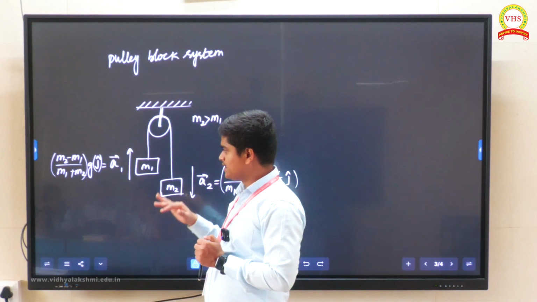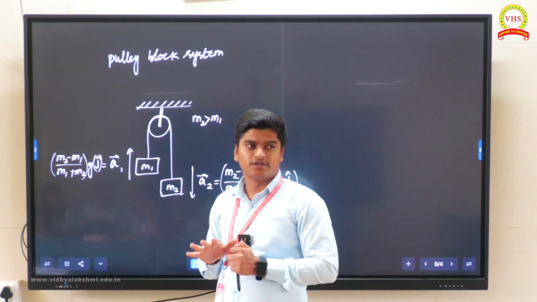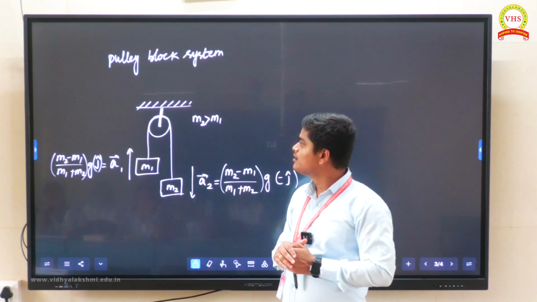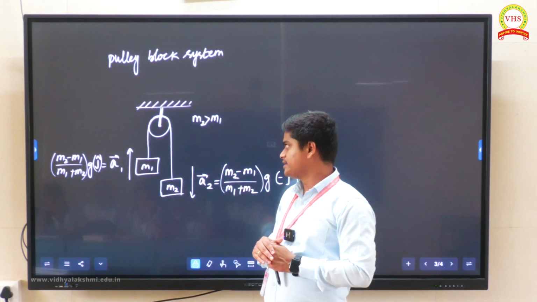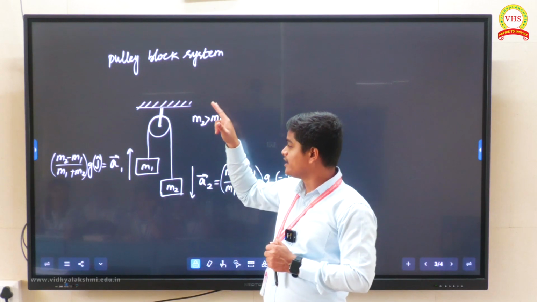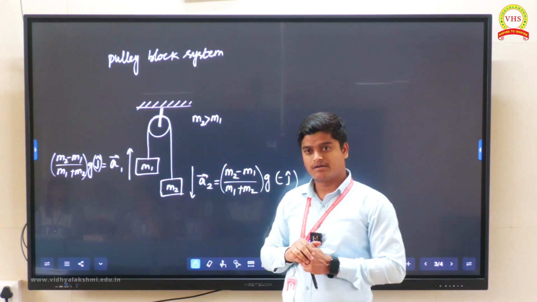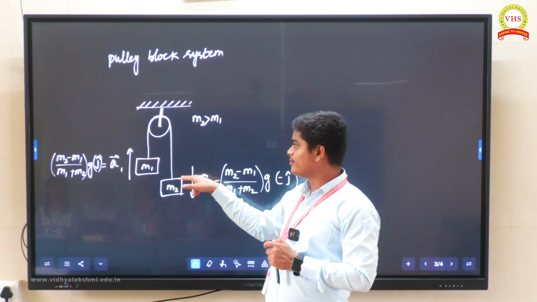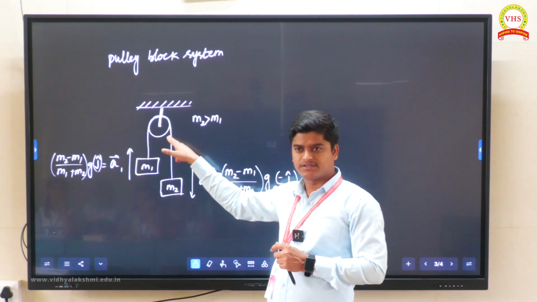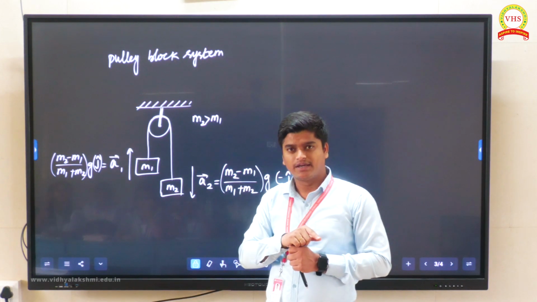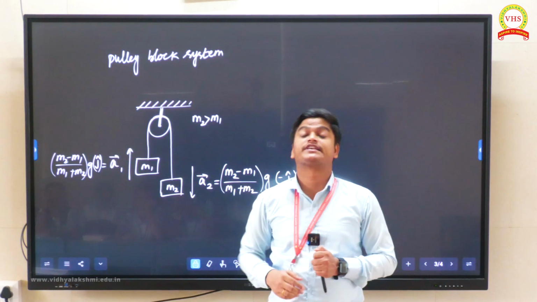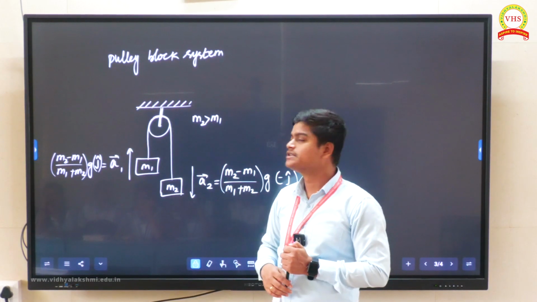Now, in this particular case, we already understood in the last chapter. What we have to understand now is that in this system, somewhere the center of mass will be present. Now you have to find the acceleration of center of mass.